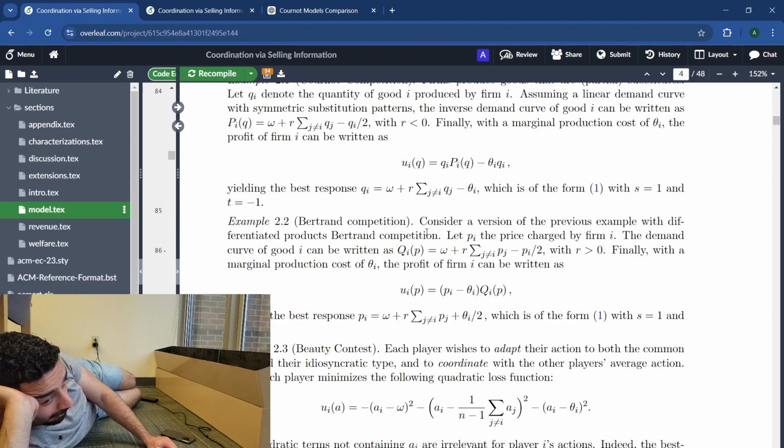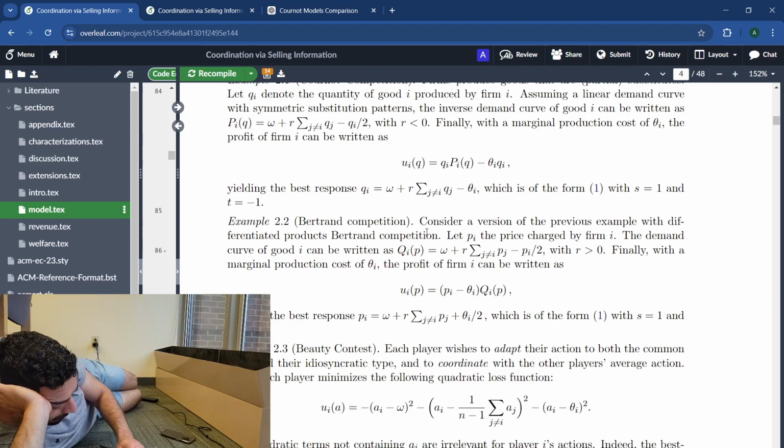For each product i, we have a demand curve Qi of P, which decides how much the Qi are.